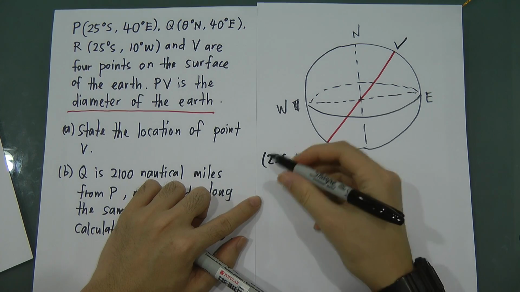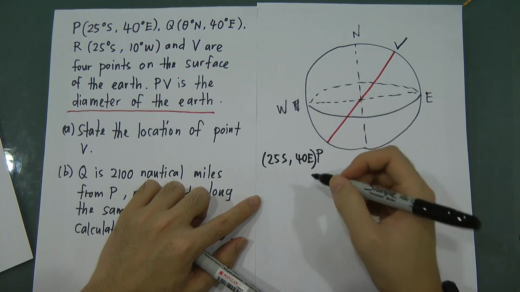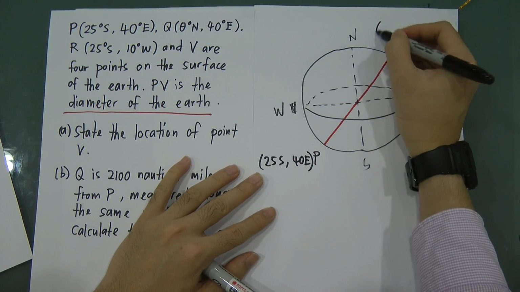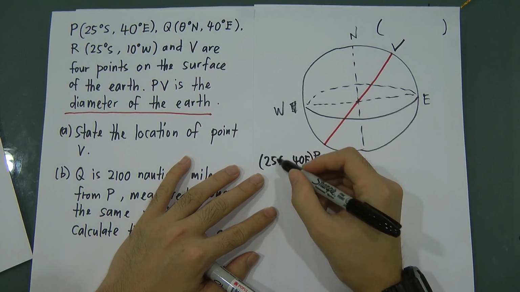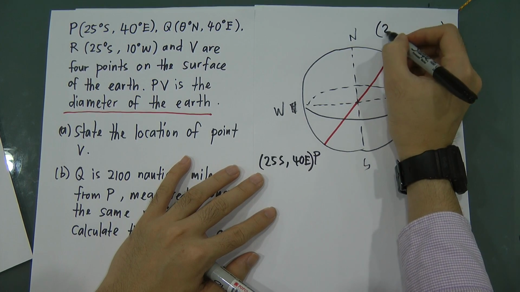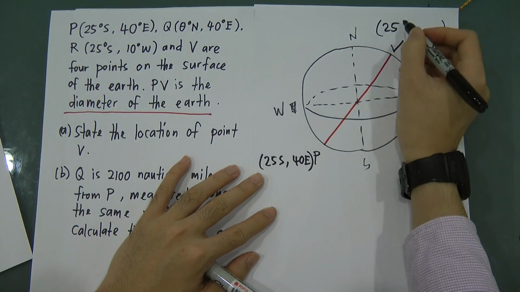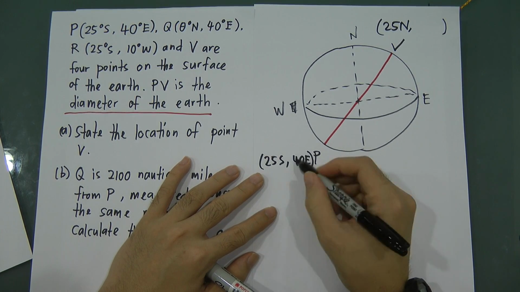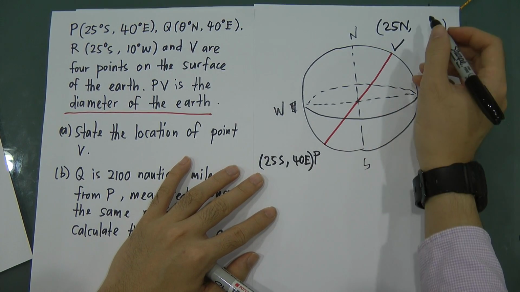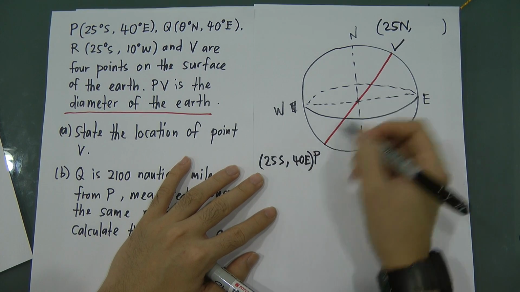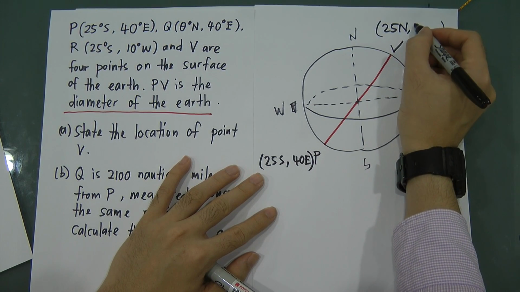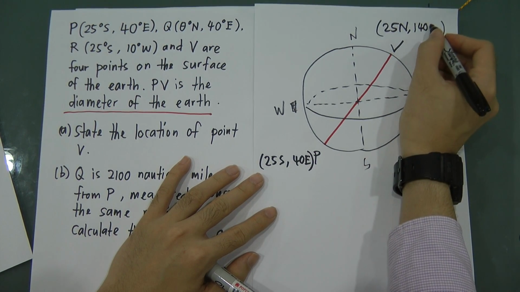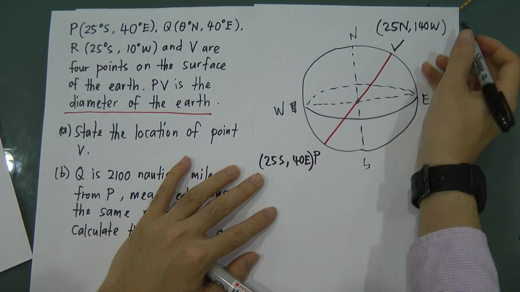As long as this is the diameter of the earth, we can always do it like this. If this is 25S, here will also be 25, but you change S to north. And if this is 40E, here will be 180 minus 40, which is 140, and then you change E to west.